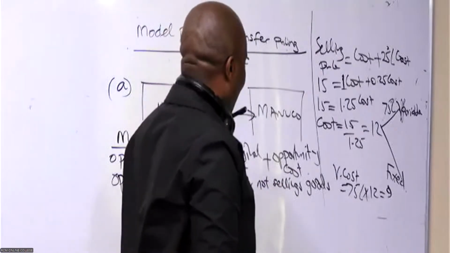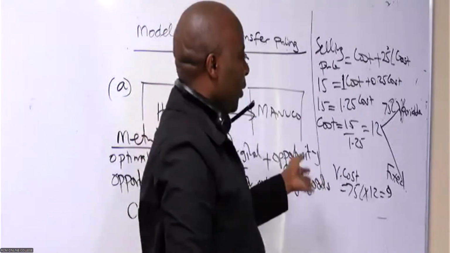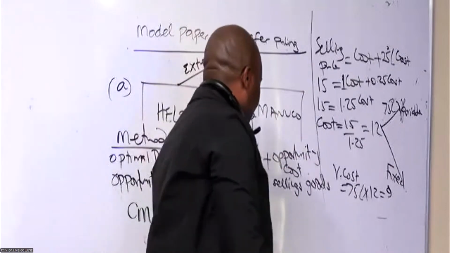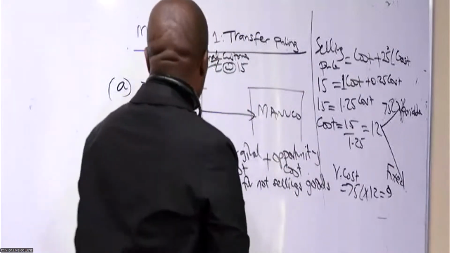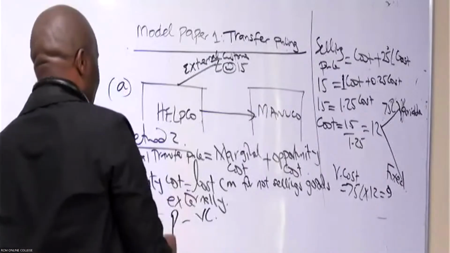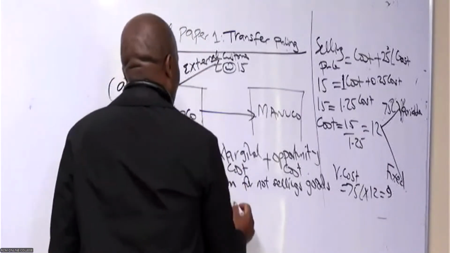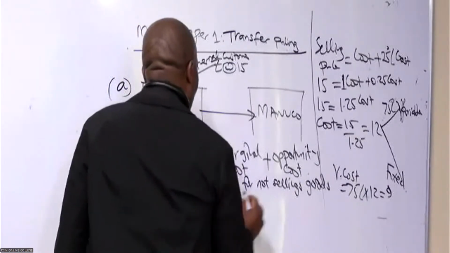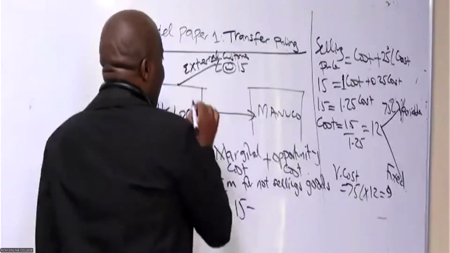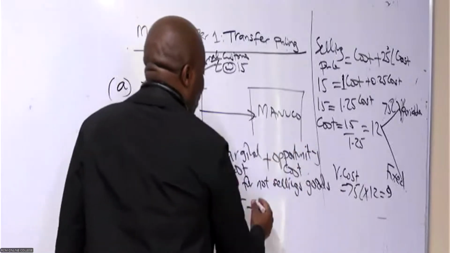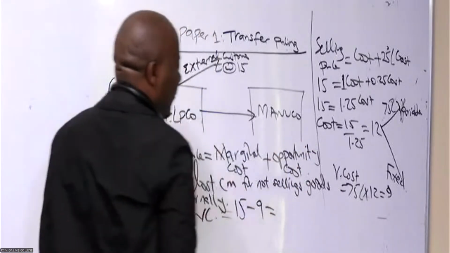Because I'm doing marginal costing, I don't need fixed cost. So then come and give me this contribution margin to be lost. When you are selling to external customers, we fetch a price of 15 versus our variable cost of 9.